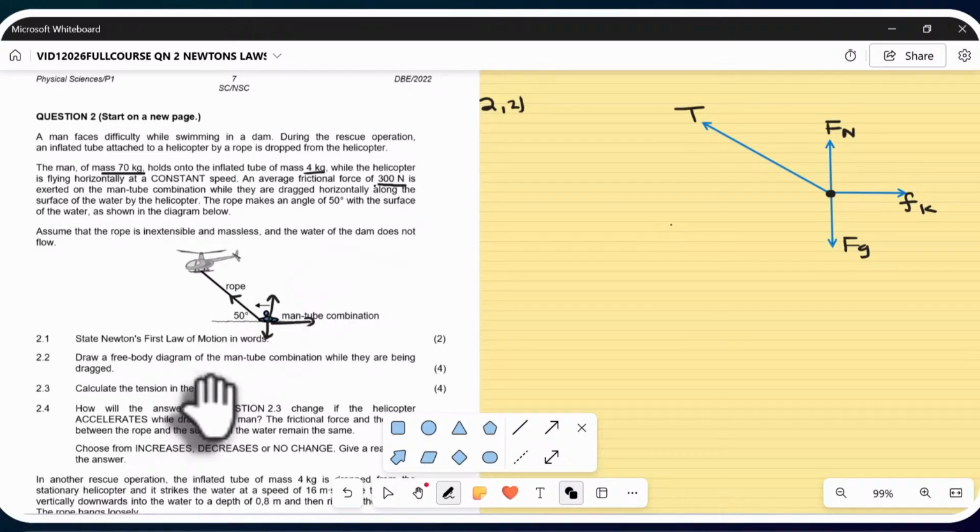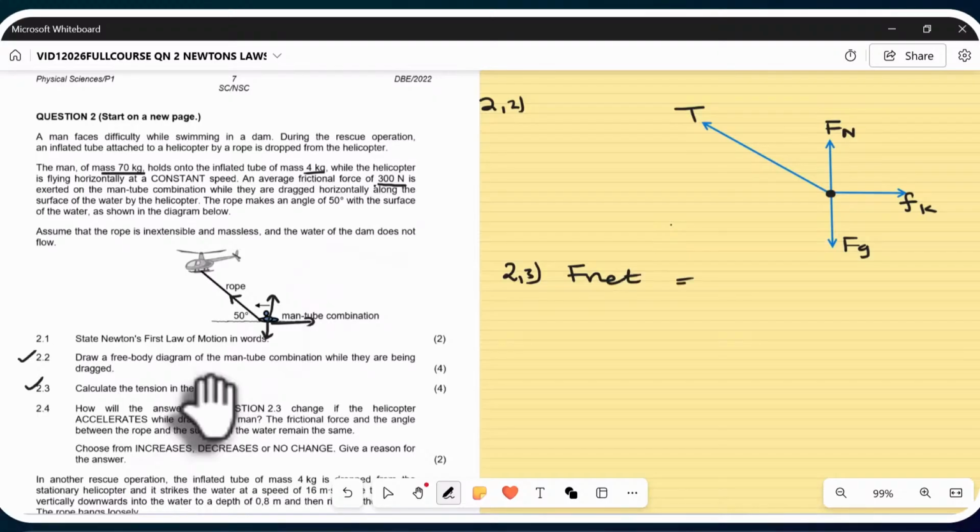Now this combination was moving at a constant velocity, and so our F net equals ma. But because of the constant speed, our F net equals 0.